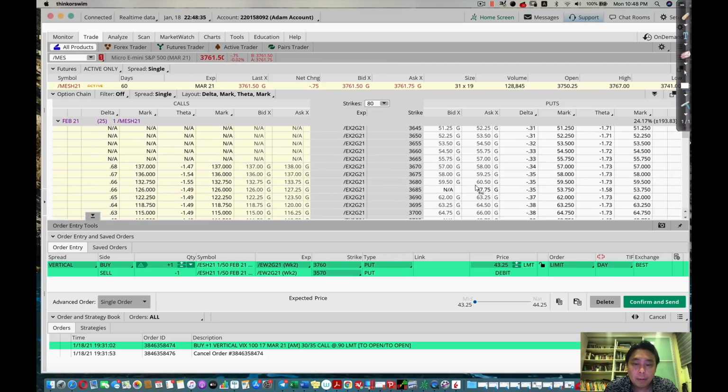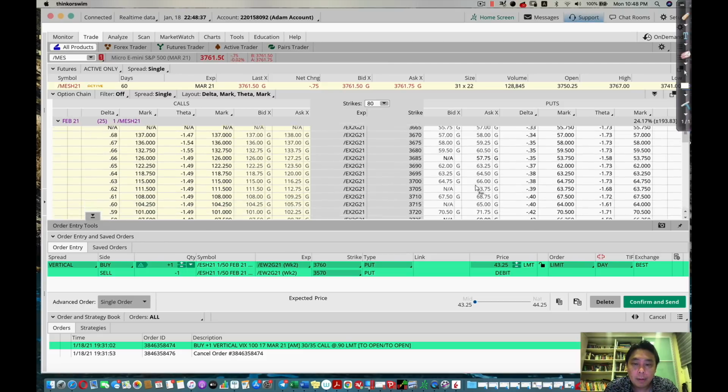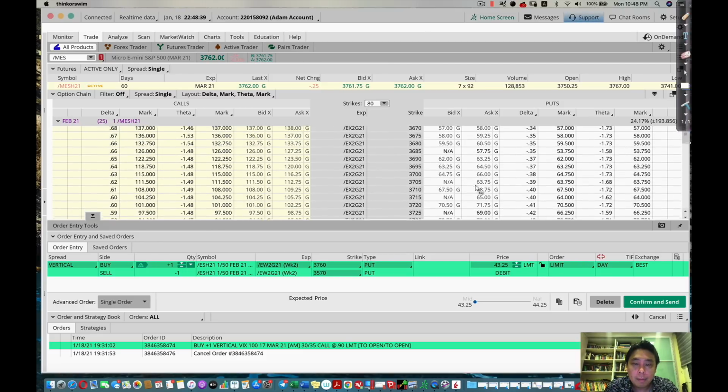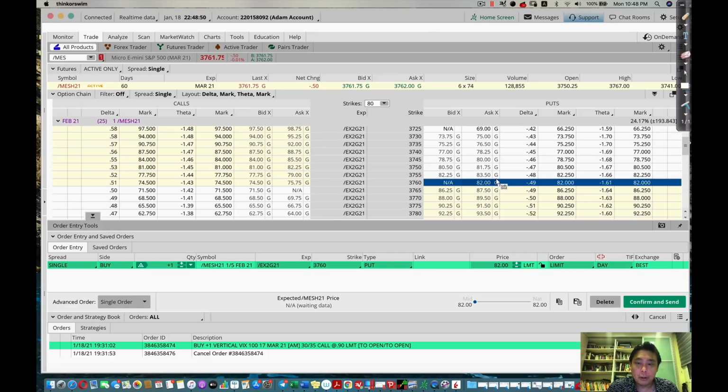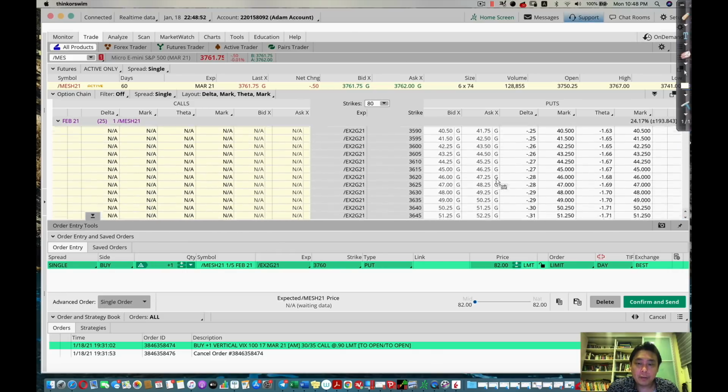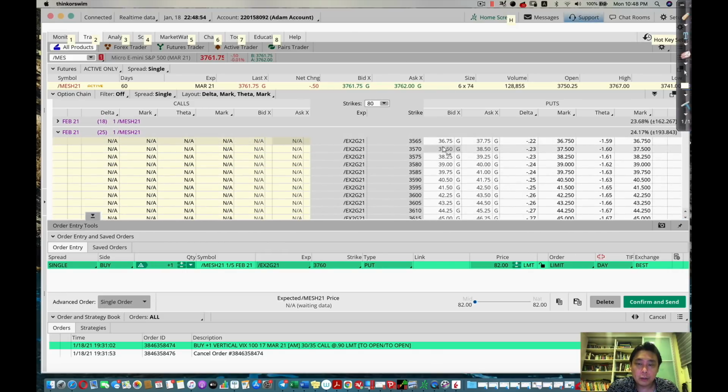Okay, so we're going to buy a put here and sell the put at 3570. Buy this put and sell the put at 3570. Sell this one.